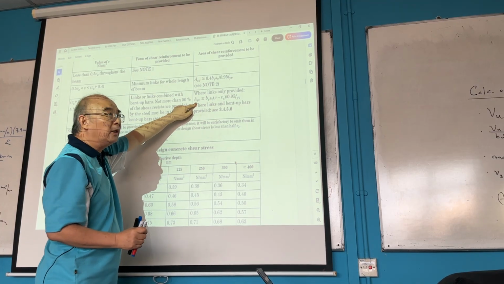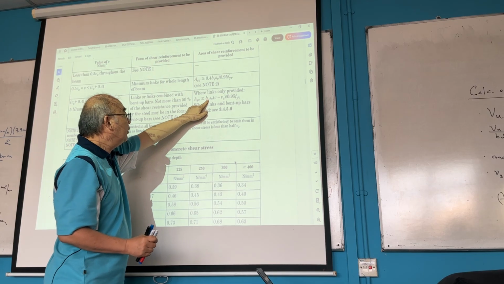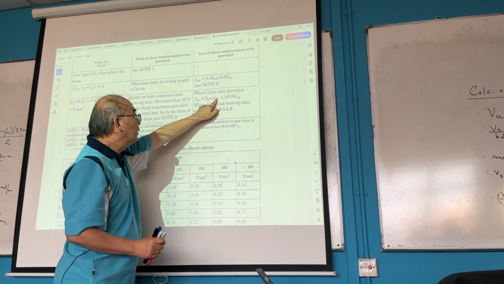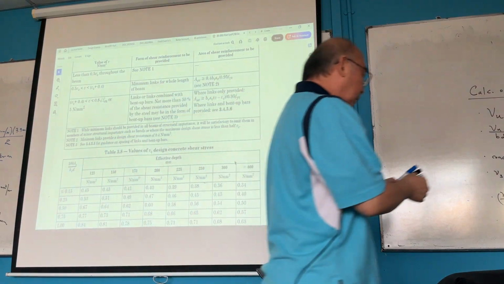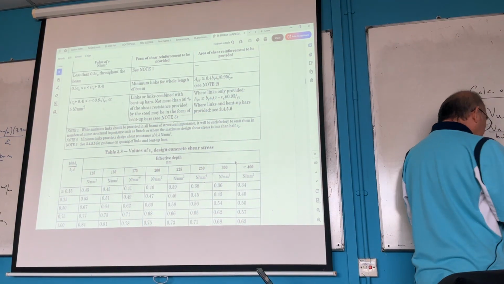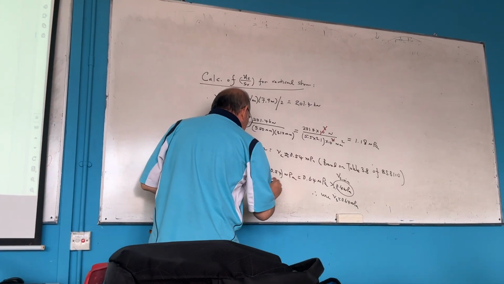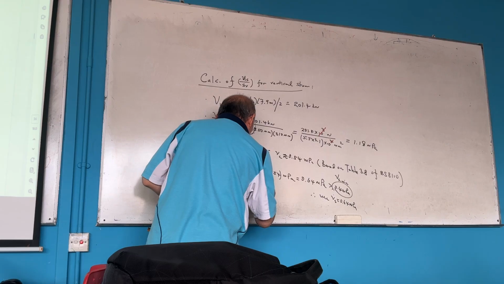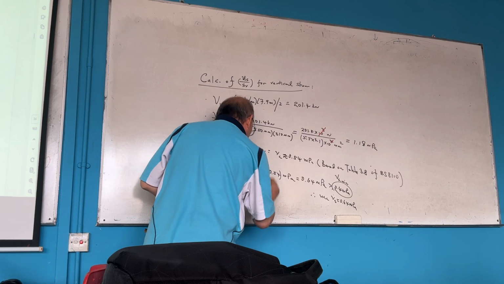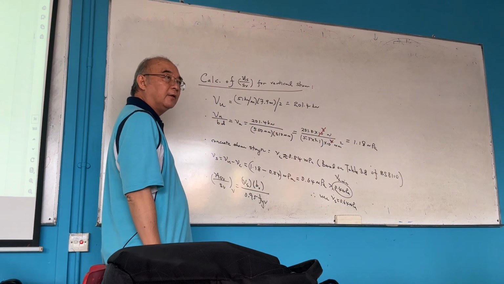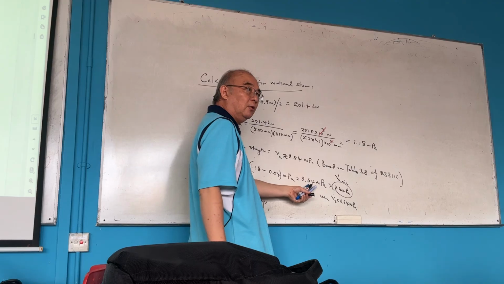So if I bring it over here, the left hand side will be Asv divided by Sv, and the right hand side will be bv times vs divided by 0.95 fyv. That means this is equal to vs bv divided by 0.95 fyv. Understand? So in this case, vs will be 0.64.